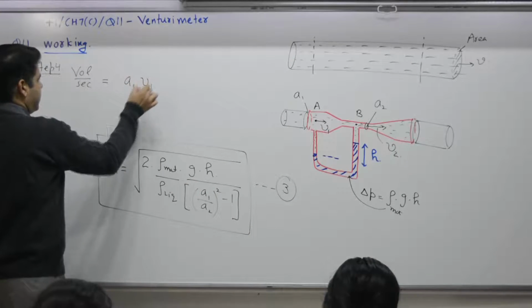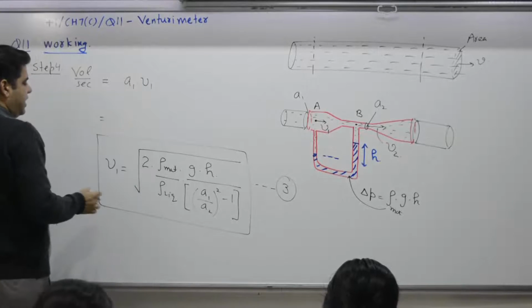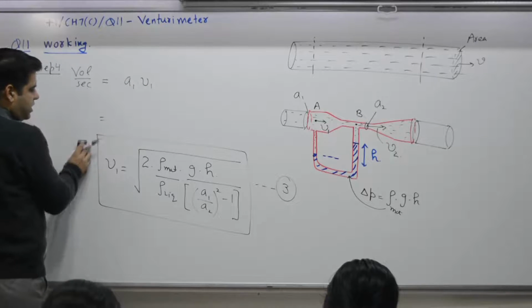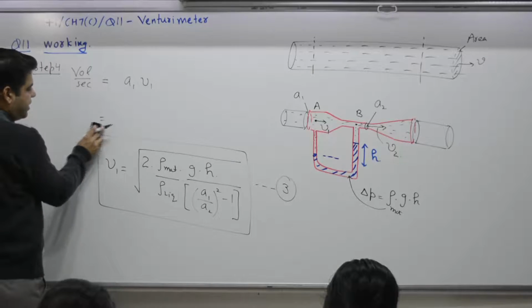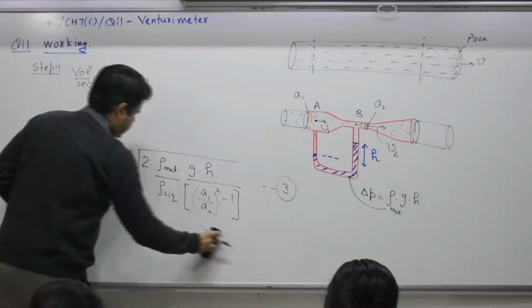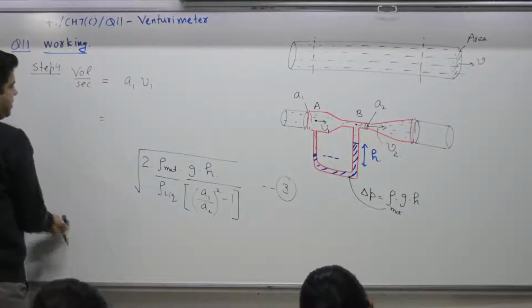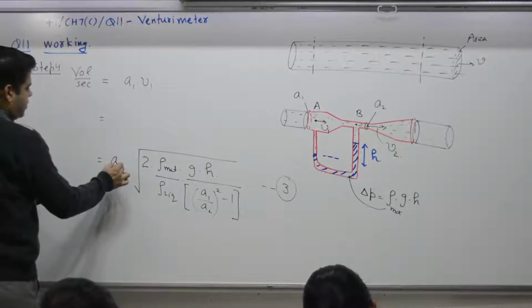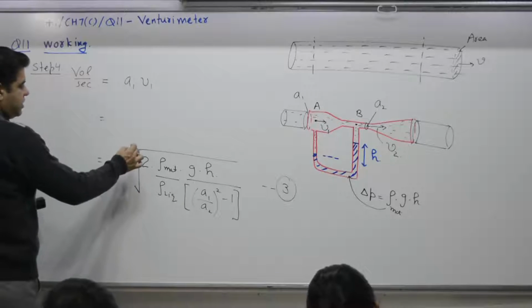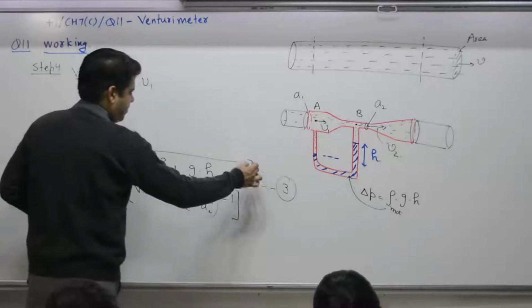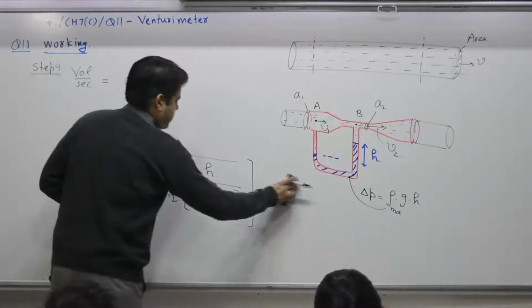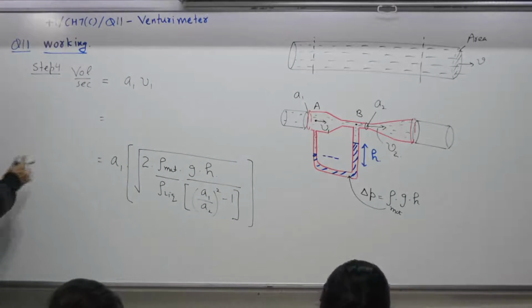A1 V1, and it comes out to be equal to what? You can put this value of V1 here, and your answer is equal to A1 into this value of V1. So that is the volume flowing per second.